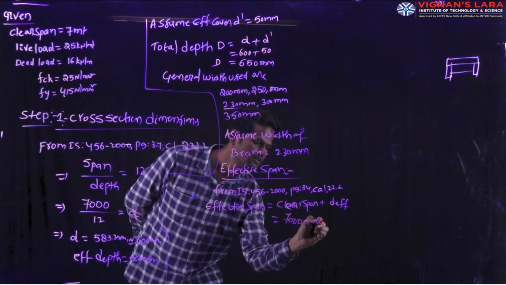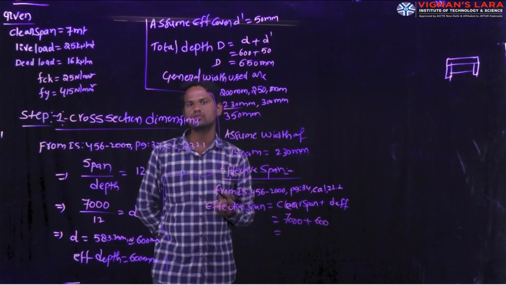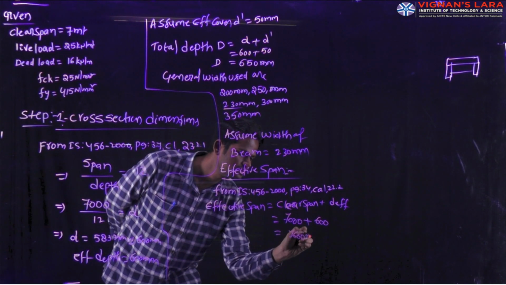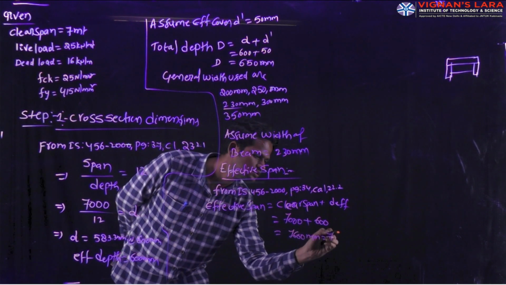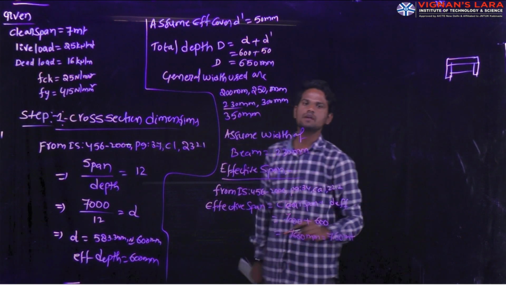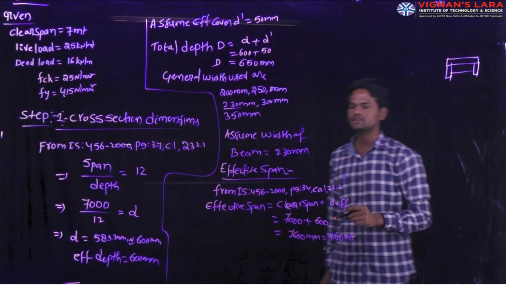That means 7000 plus 600, 7600 mm, or 7.60 meters. This is one way of calculating the effective length or effective span of the beam.